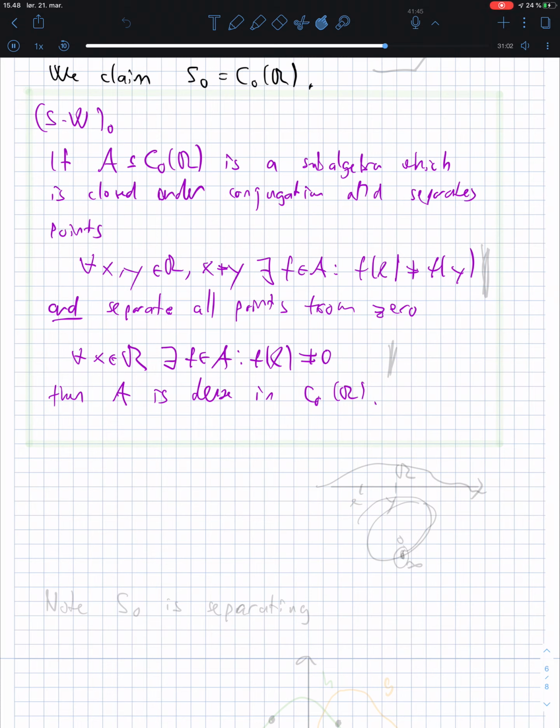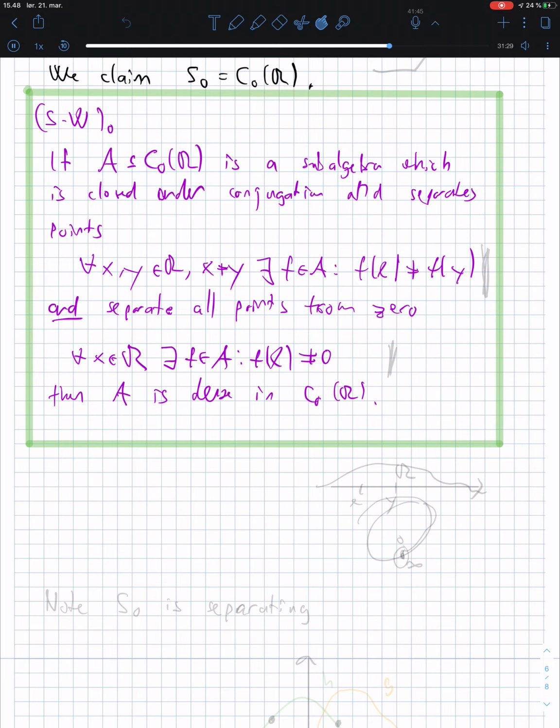Right, so what I'm trying to do here is to state a version of the Stone-Weierstrass theorem that works in our setting, where of course the space that I'm working on, the reals, is not compact, right? So you prove this version of the Stone-Weierstrass theorem by passing to the one-point compactification of the reals.